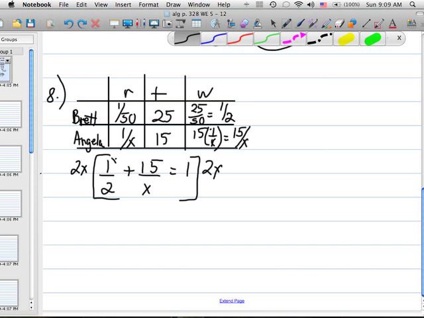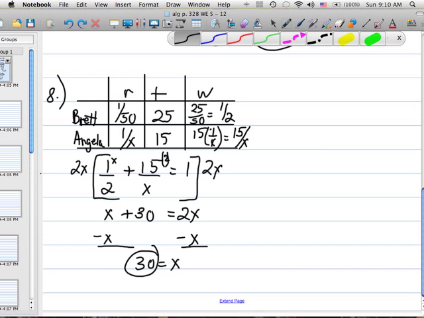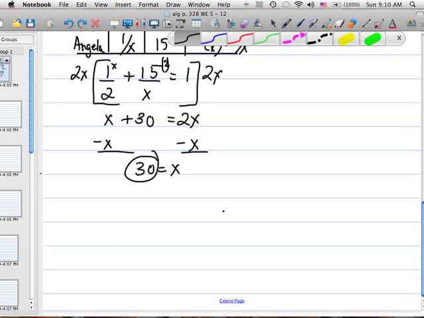The least common denominator would be the 2 and the x, so we multiply both sides by 2x. 2 goes into 2x, leaving me just the x, so that's x. x cancels with the 2x, leaving the 2, so that's plus 30. And 1 times 2x is 2x. Getting the x's on one side, subtract x, and we get 30 equals x. So the amount of time that it would take Angela to do the job alone is 30 minutes.